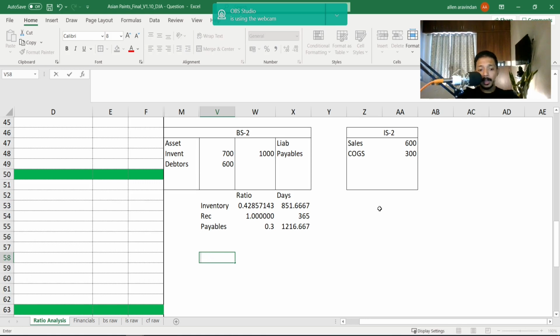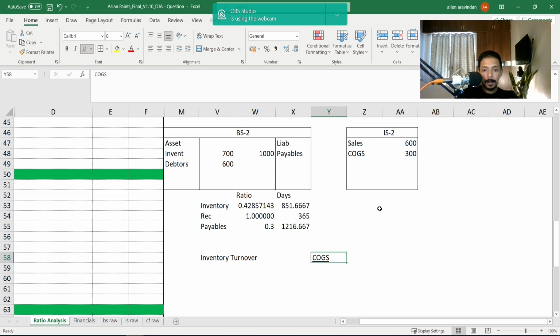So, let's talk about inventory turnover, okay, is what? Cost of goods sold over inventory, right? That's what it is. And then we go one step ahead and we say inventory days.